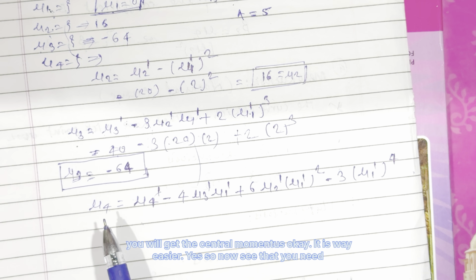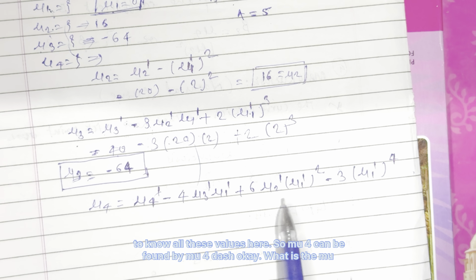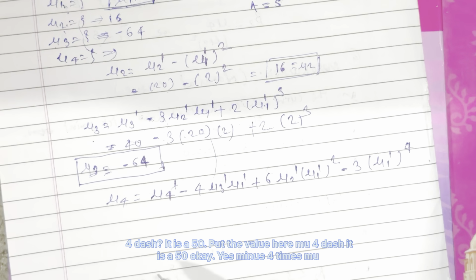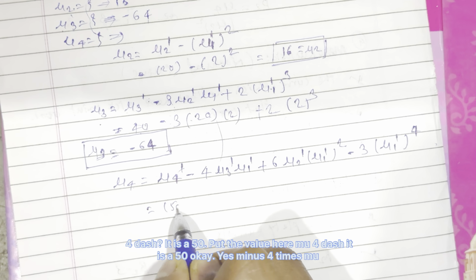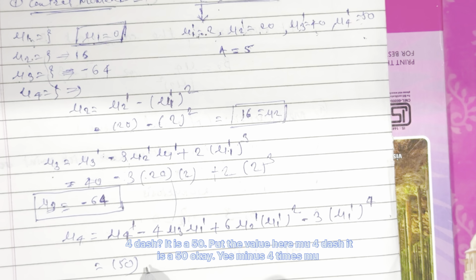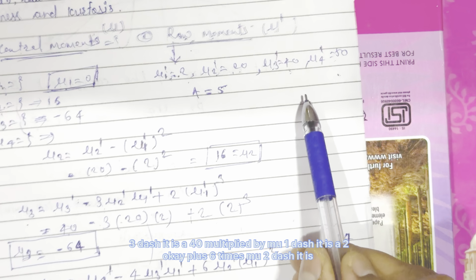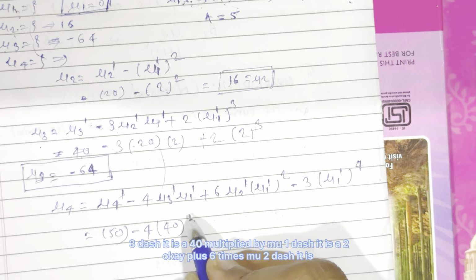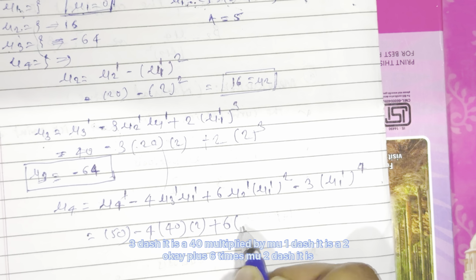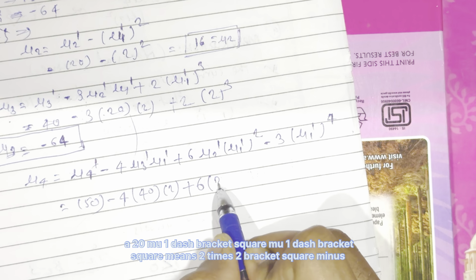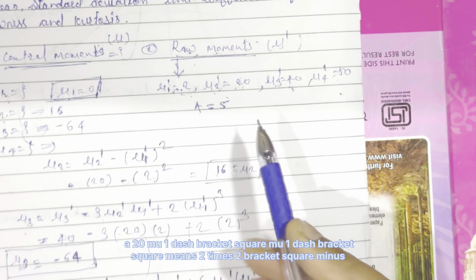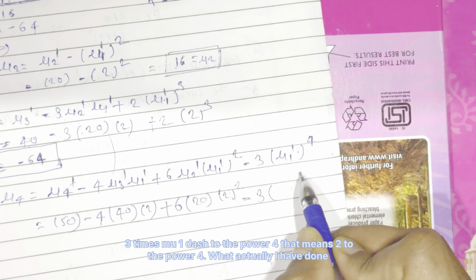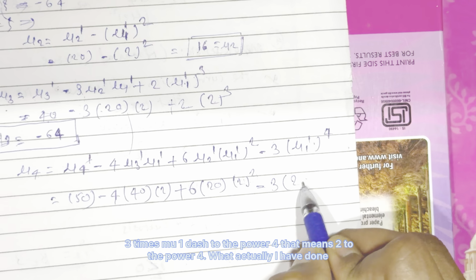Now you need to know all these values here. So mu4 can be found by mu4 dash. What is the mu4 dash? It is 50. Put the value here, mu4 dash is 50, minus 4 times mu3 dash, which is 40, multiplied by mu1 dash, which is 2, plus 6 times mu2 dash, which is 20, mu1 dash bracket square, that means 2 bracket square, minus 3 times mu1 dash to the power 4, that means 2 to the power 4.